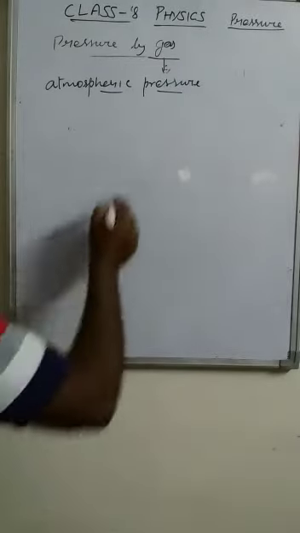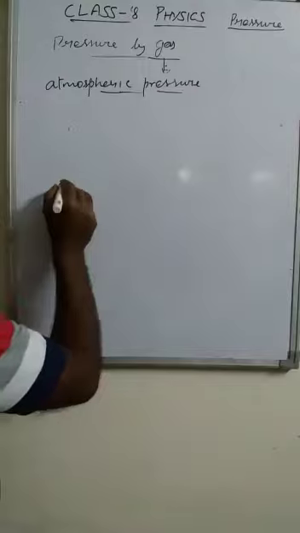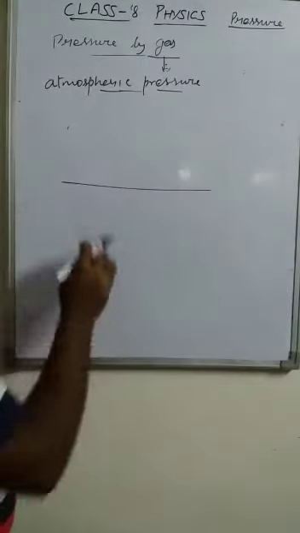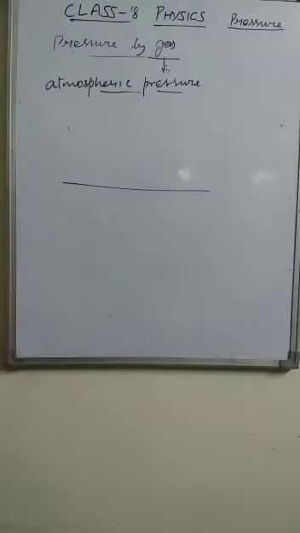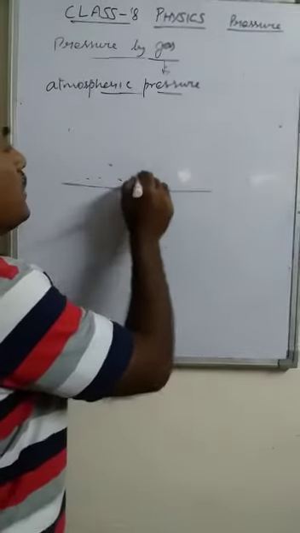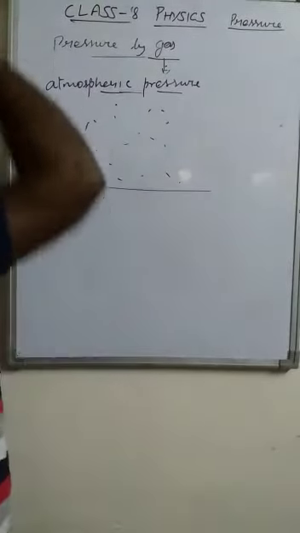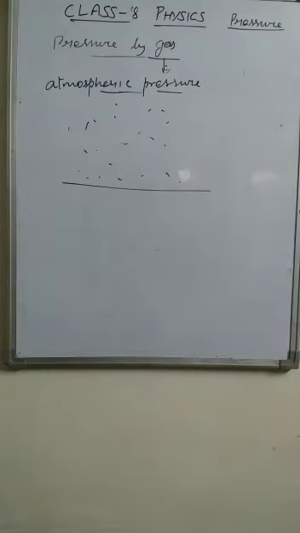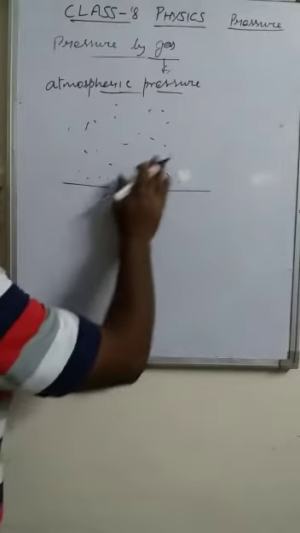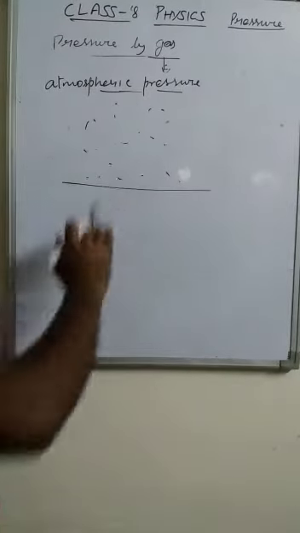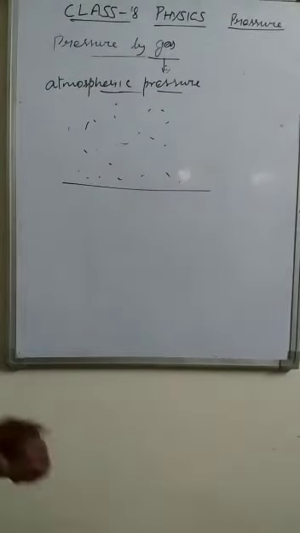For this atmospheric pressure, if we take this as the surface of earth, above the surface of earth the air is filled to a very great height. But the distribution of air above the earth's surface is not the same at every place.